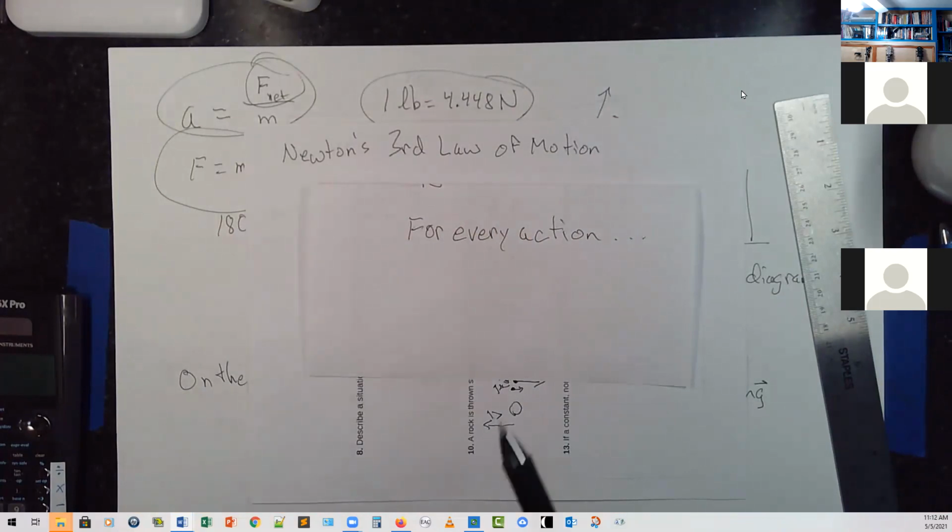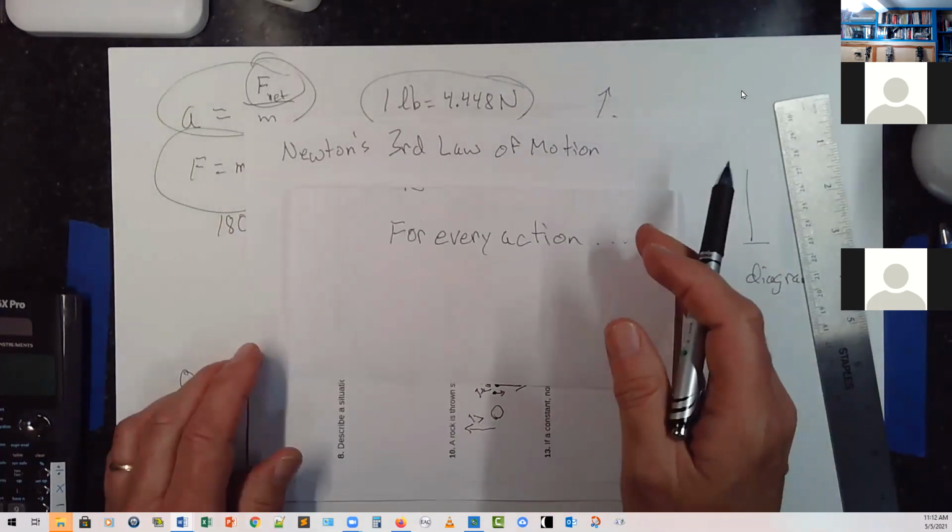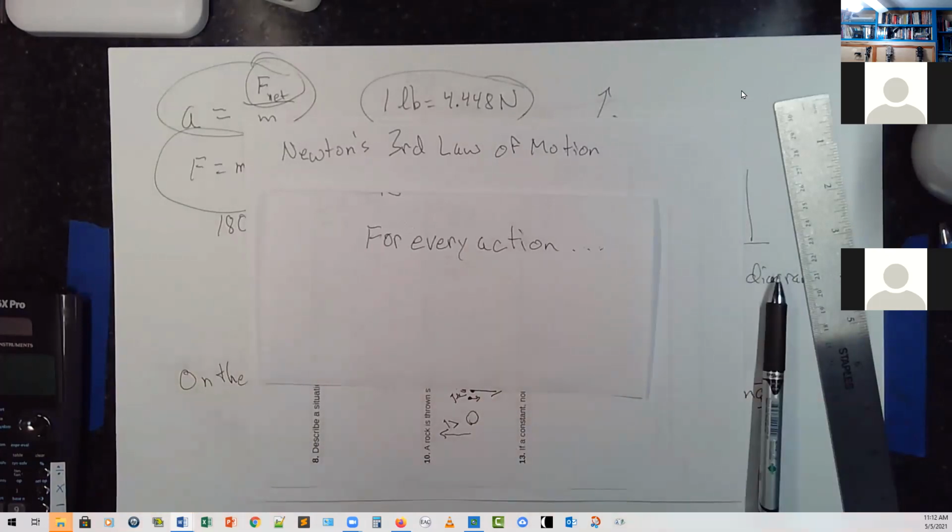People will try to use Newton's third law to justify all sorts of stuff. They'll say, well, the stock market went up last year, it's going to go down this year. That's just Newton's third law. Or somebody will say, he shoved me, I had to punch him. That's just Newton's third law.